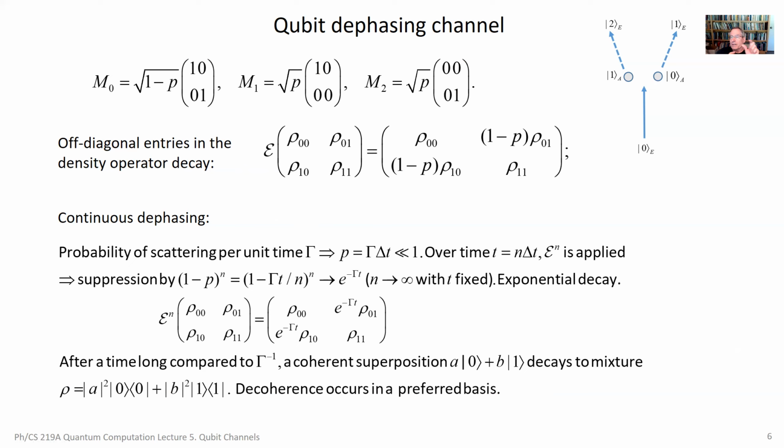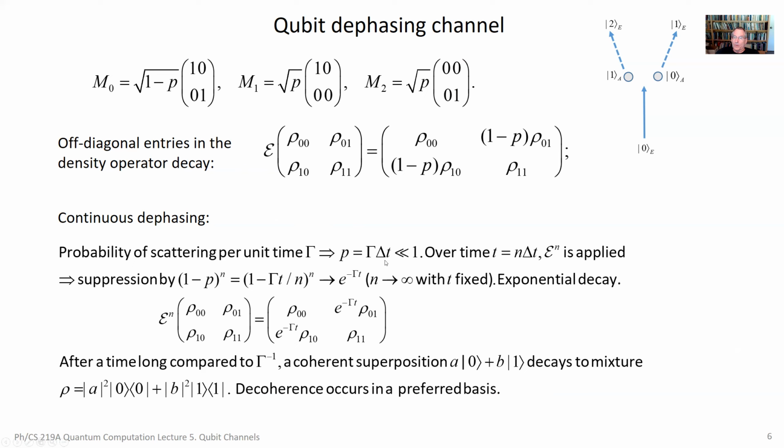Suppose there's a very small time interval over which we're monitoring the dust grain, which I've called delta t, and that the probability of a scattering event, of the photon being scattered into a state which is orthogonal to its initial state, is proportional to the time for small times.